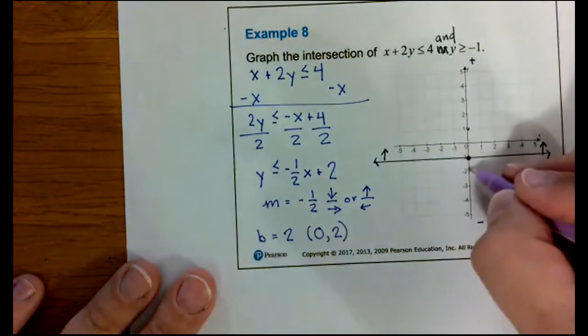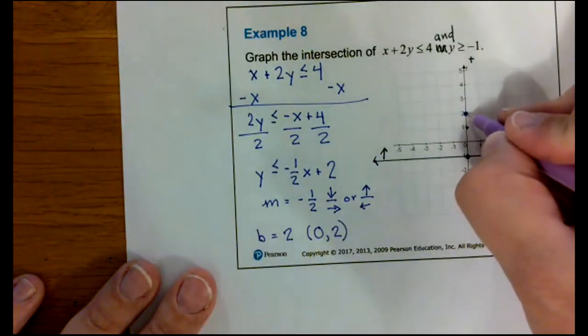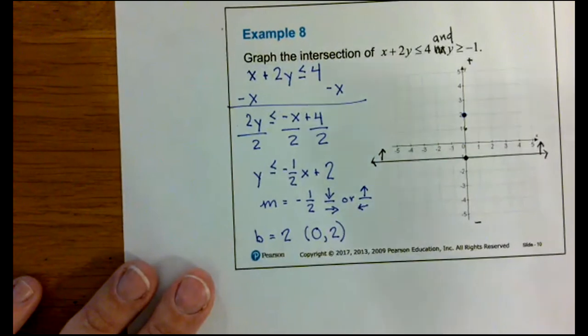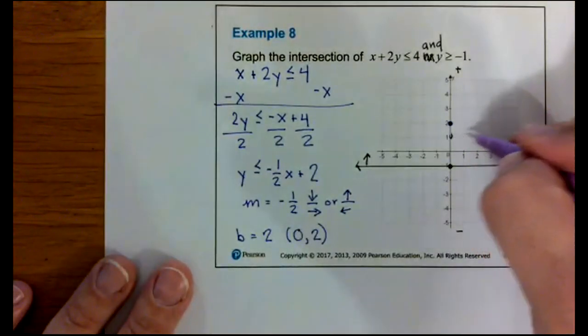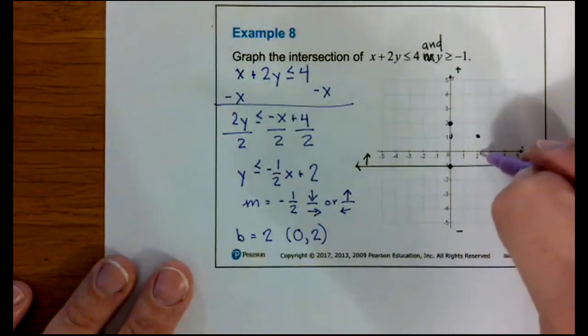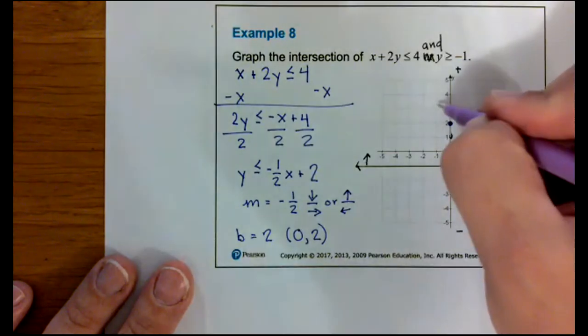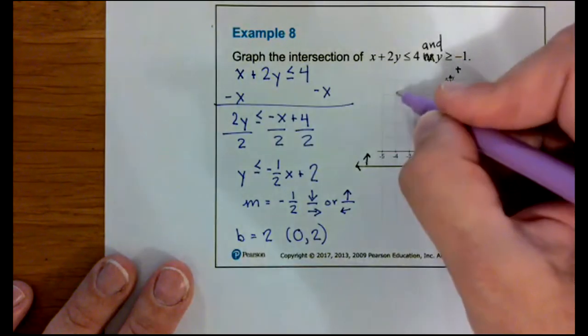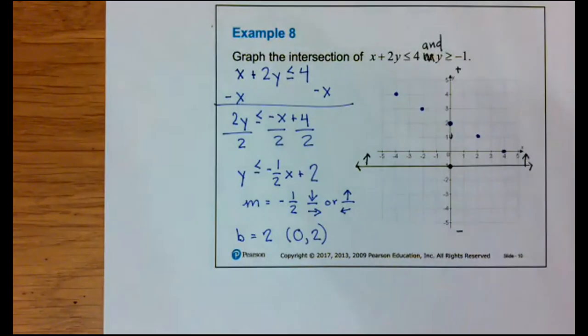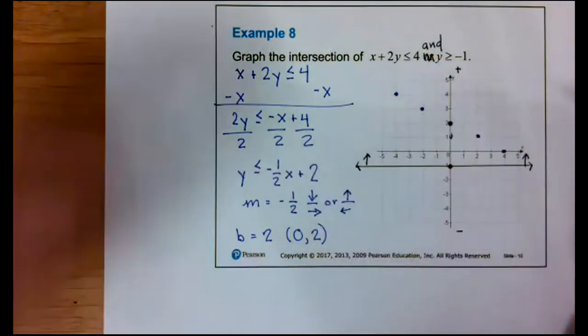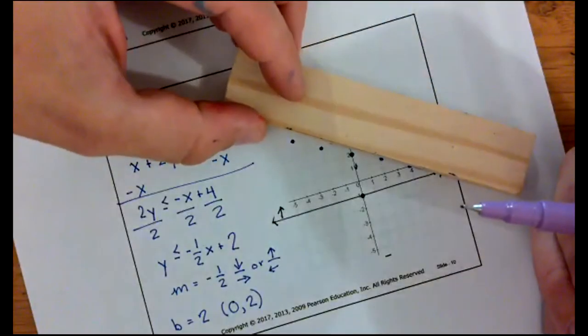So let me graph that. 0, 2. Okay. And then we go down 1 over 2. Down 1 over 2. Up 1 over 2 this way. Up 1 over 2. And you see that the slope is negative. It's less than or equal to, so it's a solid line again.